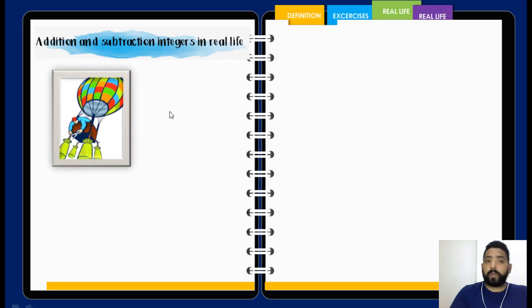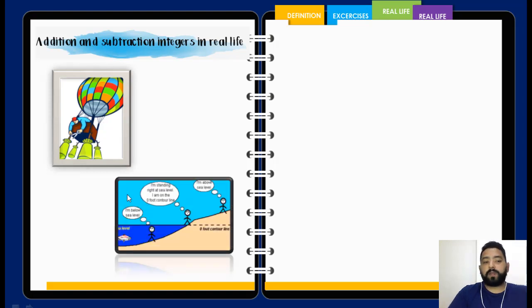Now we can identify some additions and subtractions of integers in real life. I'm going to give you some examples. If you think about this picture, this picture is related to integer numbers, okay? For example, we have the sea level.